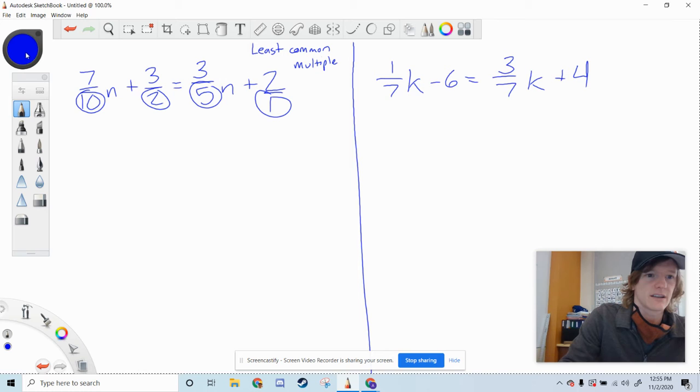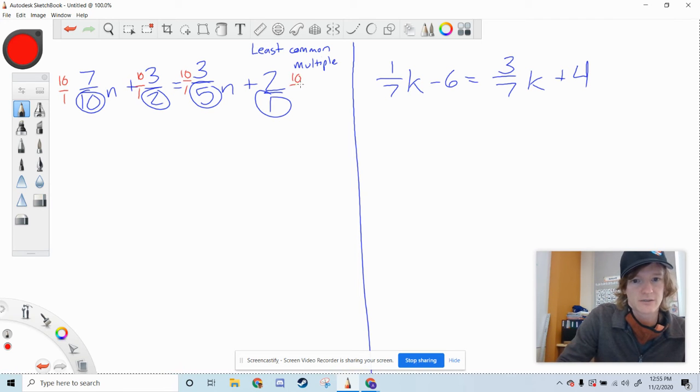So we need to take all 4 of these terms. We have a term right here, here, here, and here. We take all of these terms and multiply them by 10 over 1, times 10 over 1, times 10 over 1, times 10 over 1.